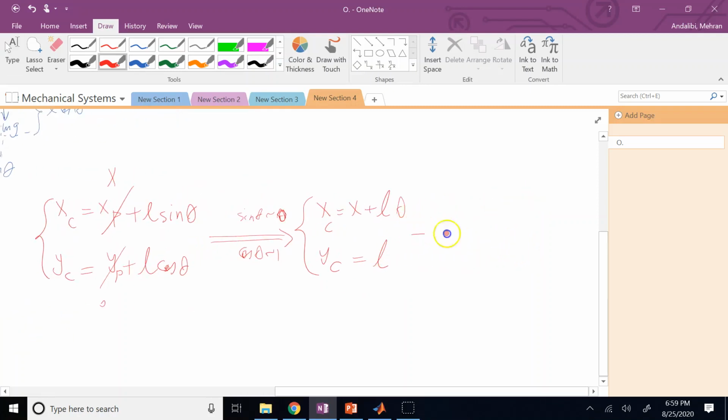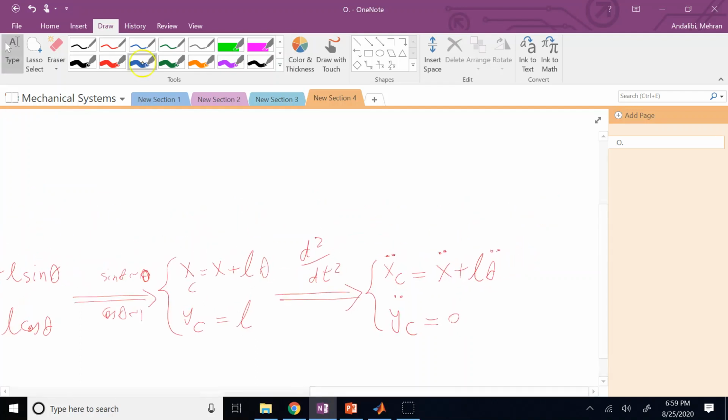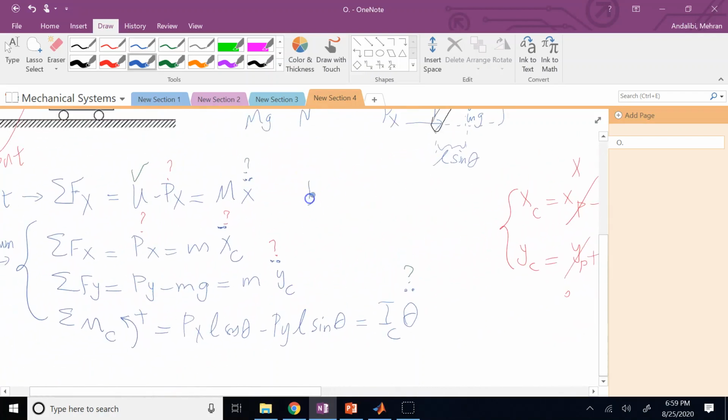Now I take two time derivatives. It gives me that x double dot of C is x double dot plus L theta double dot, and y double dot of C is simply 0. I call these equations 5 and 6, and the equations I found earlier I call 1, 2, 3, and 4.